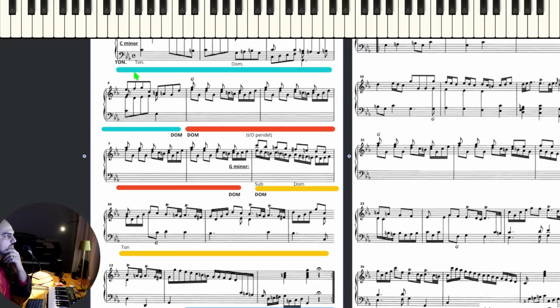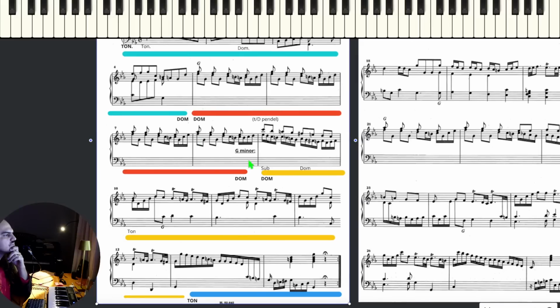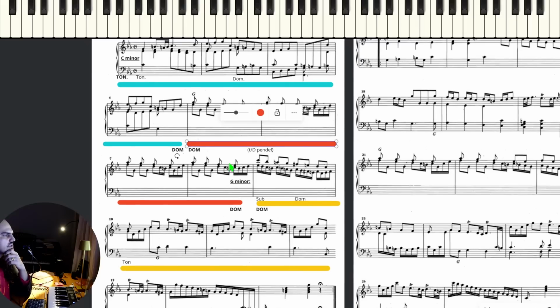the main key of the piece, C minor, and it is a statement from tonic to dominant inside of the main key. And still inside of the main key, you have an answer that is in the dominant form. Okay, inside of the main key.